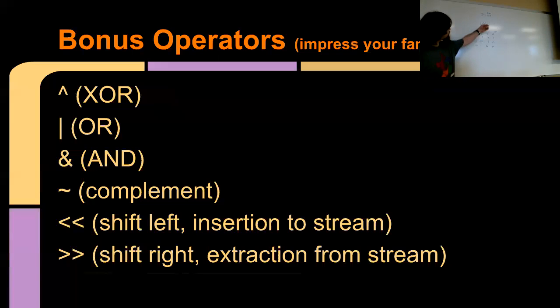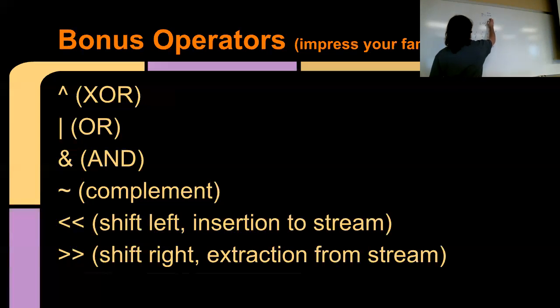So when we shifted over once, we got 4 from 2. So what if we were to shift it over twice? What would we get? 8. Exactly, 8. So we would get 1, 0, 0, 0.